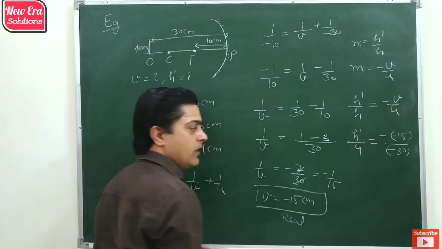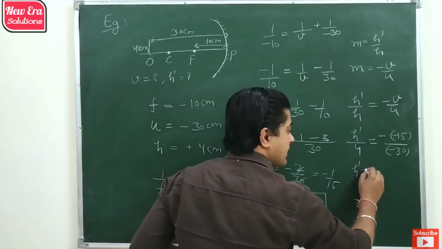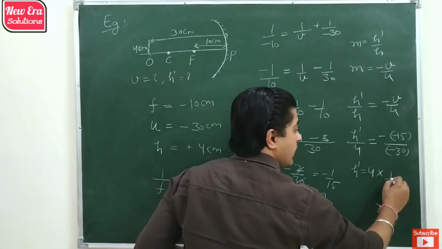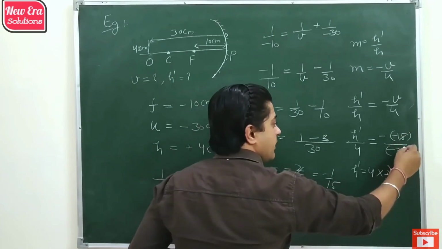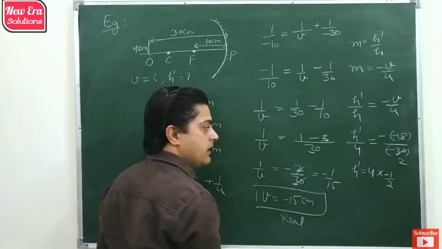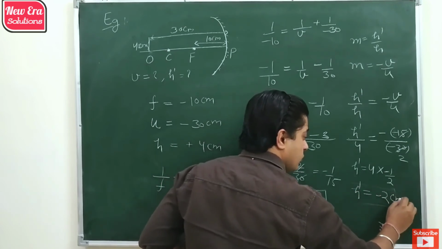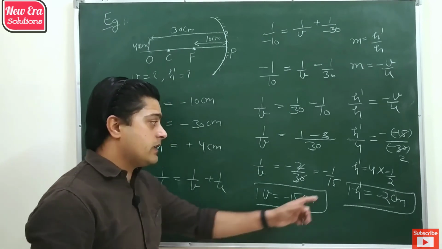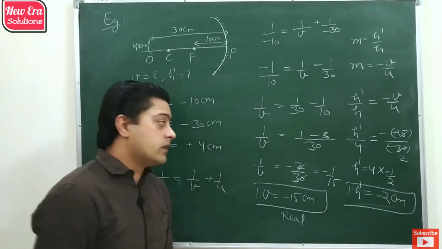So there are 3 negative signs, so 2 are cancelled out, 1 remains. So h dash is equal to 4 into 1 by 2 with a negative sign, because 15 to the 30. So h dash is equal to minus 2 centimeter. So again the height of image is 2 centimeter and negative sign shows it is an inverted image.